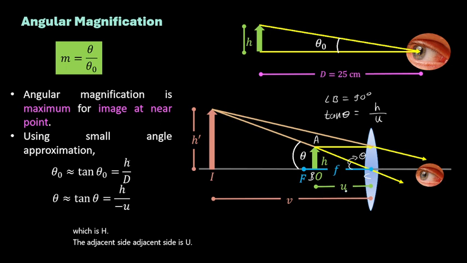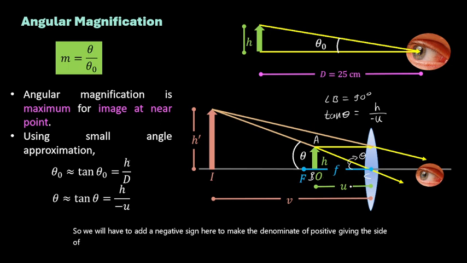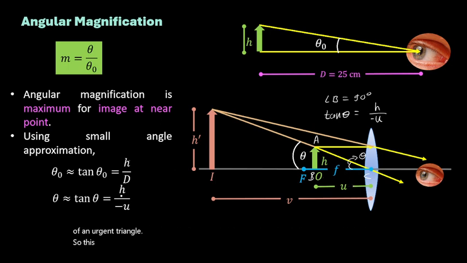However, the object distance is negative according to sign convention, but the side of the triangle is positive. So we will have to add a negative sign here to make the denominator positive, giving the side of the triangle. So this is how we obtain tan theta equal to h upon minus u.